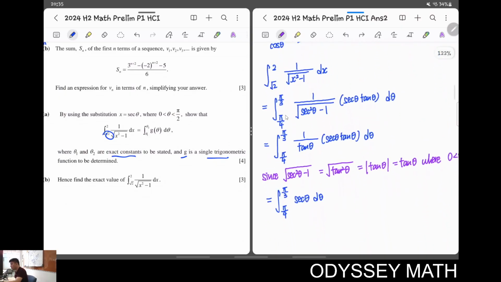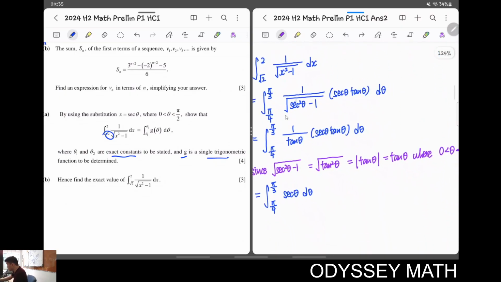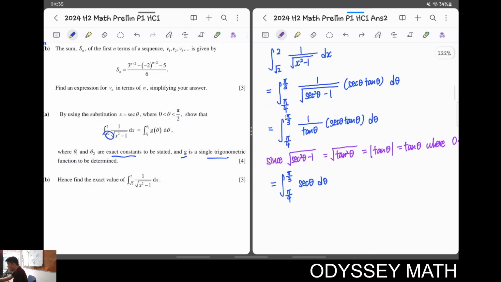I want to point out something to you. When you square root something, it has to be non-negative. Agree? Meaning at least 0. So here the square root of secant squared theta minus 1 is the square root of tangent squared theta, just a trigo identity. But from here to here, you have to put a modulus.